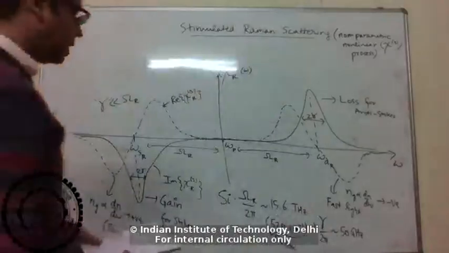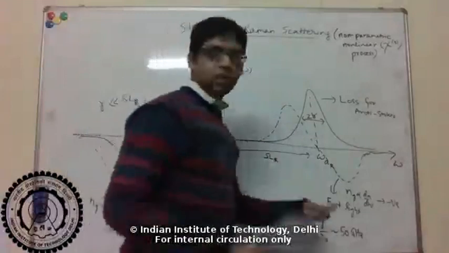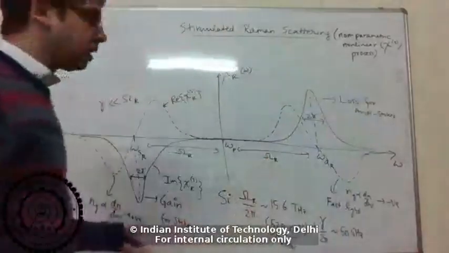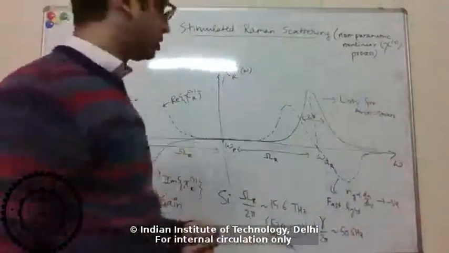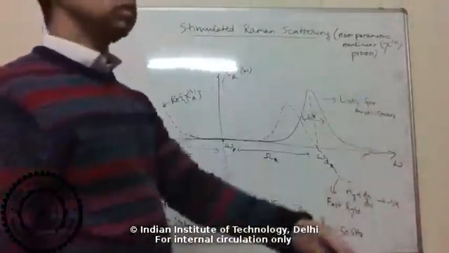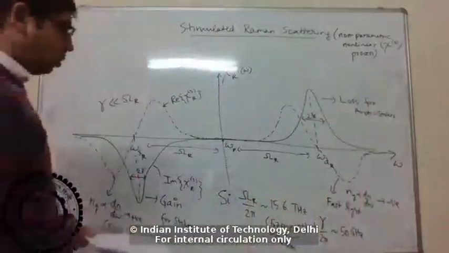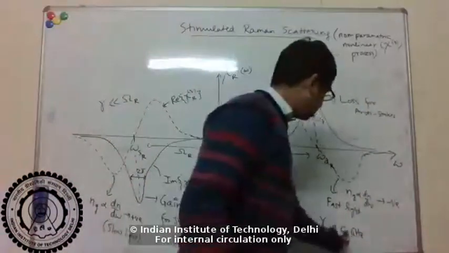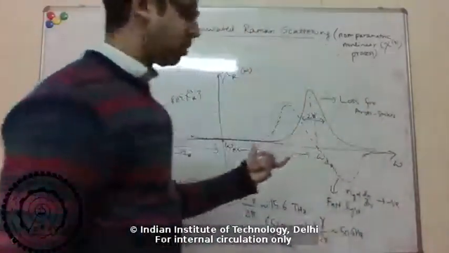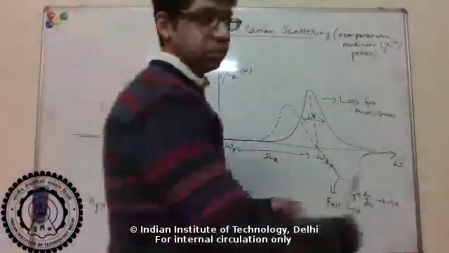Right. So basically, gamma is how fast these vibrations are decaying, right? You excite a vibration and see how fast it decays. So it's the inverse of the lifetime of the phonon. Right. So if you have a longer lived phonon, then gamma will be smaller, and the line width will be narrower. If the phonon decays really fast, then this line width is broader.